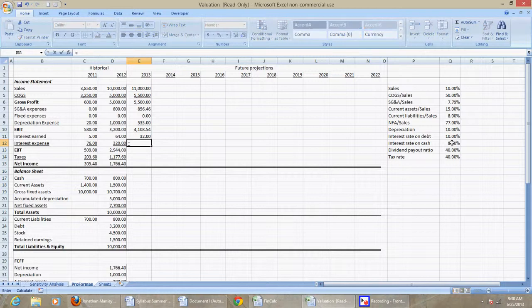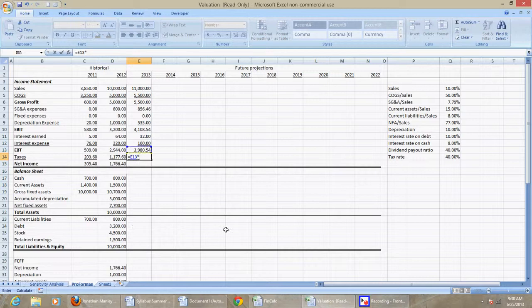Same thing for the interest expense, the interest rate on debt. Make sure I lock that down, times the average debt for the year, last year's plus this year's, divided by 2. So this will be that plus the interest earned minus the interest expense.